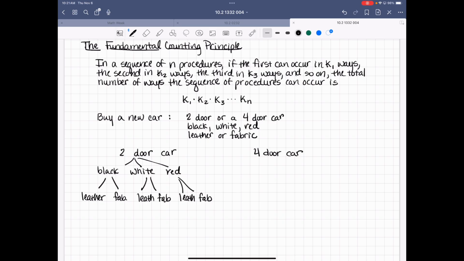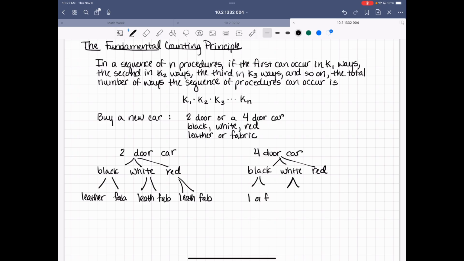Now over here, the 4-door car, we have the same option. We have black, we have white, we have red. I can get that 4-door car in black, white, or red. And then I can get that four-door black car in leather or fabric.